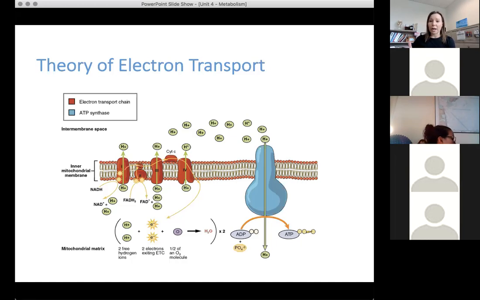So their direction of movement is going to be back in. They want to come back in once you've pumped them all out. They are allowed to travel back in through this structure, which is called ATP synthase. When the hydrogen ions move back through ATP synthase, it allows an ATP molecule to be made.